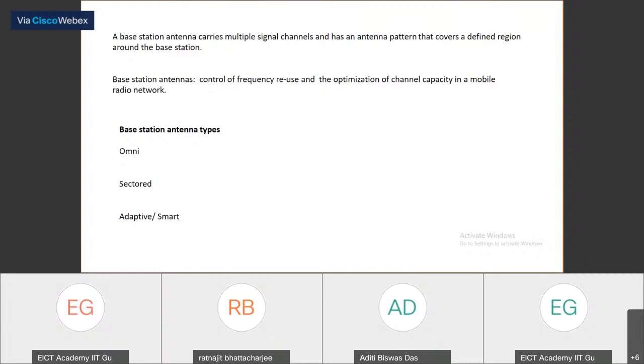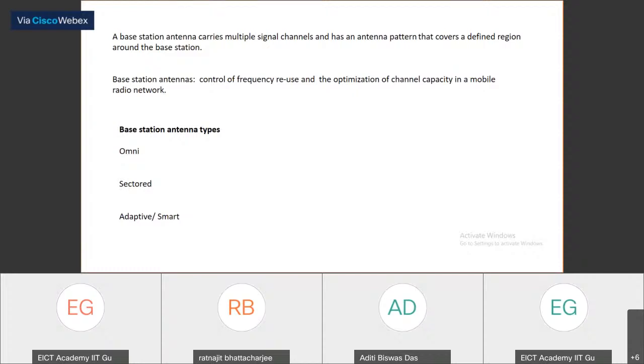So typically, if you consider base station antenna types to start with, when mobile communication initially started, people used omnidirectional antennas. And omnidirectional antennas, as you can understand, have coverage in all directions.